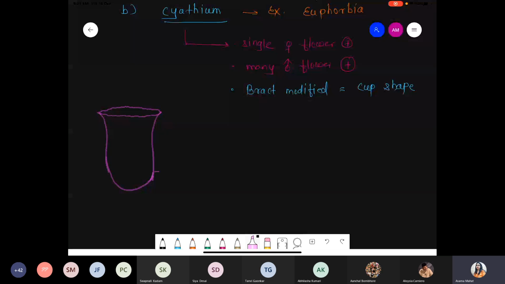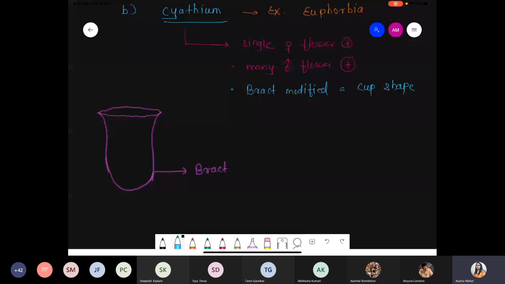This color, the purple color, is nothing but the bract. Bract basically gets modified. Bract is a very reduced structure, but in this condition the bract covers the entire flower.